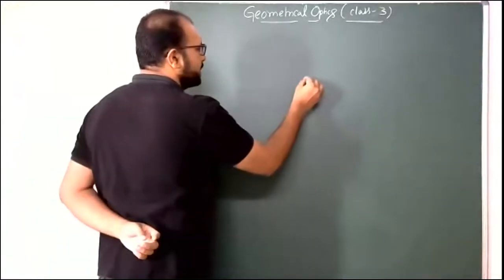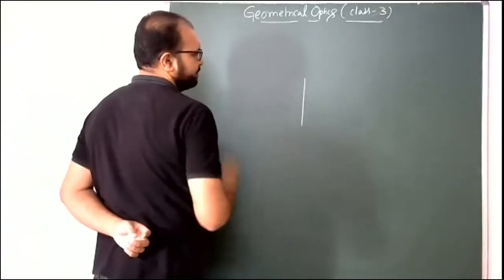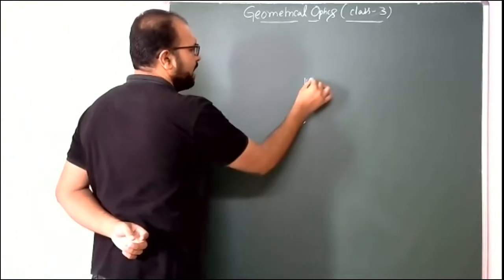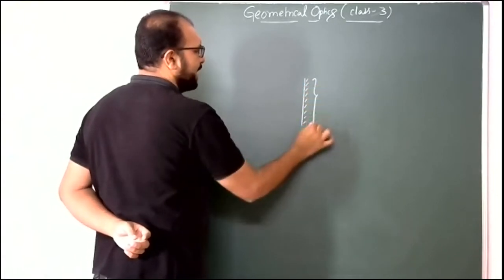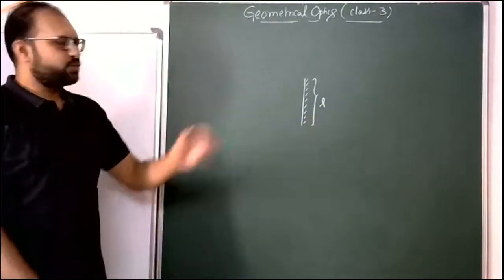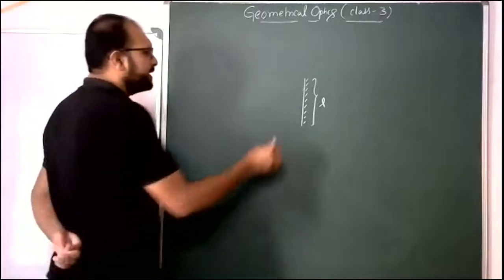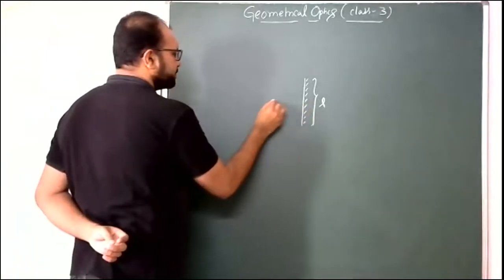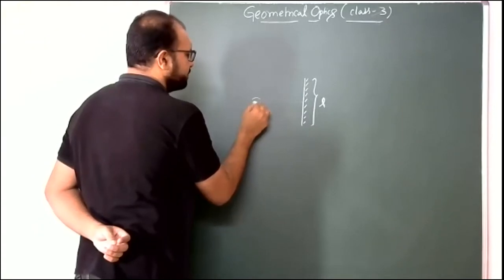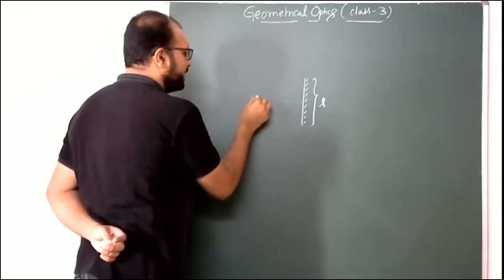Students, now the topic is a plane mirror. Here I am taking one plane mirror of size L. That is the plane mirror size, students. In front of the plane mirror, one observer is standing.